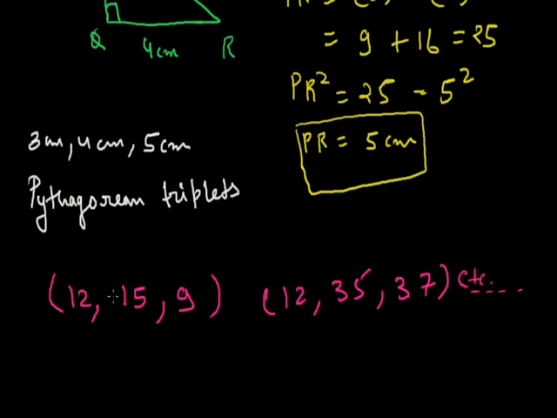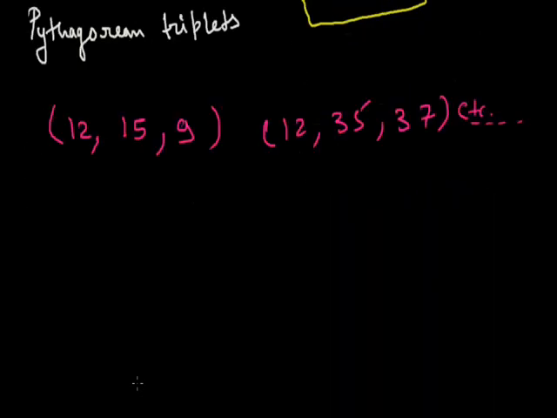So if you see a triangle having sides measuring these triplets, then it will definitely be a right angle triangle.